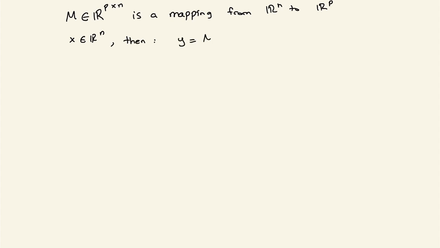And M, a P by N dimension matrix, we say it is a mapping from Rn to Rp. For example, let's take a vector x in Rn, then y equals M multiplied by x.